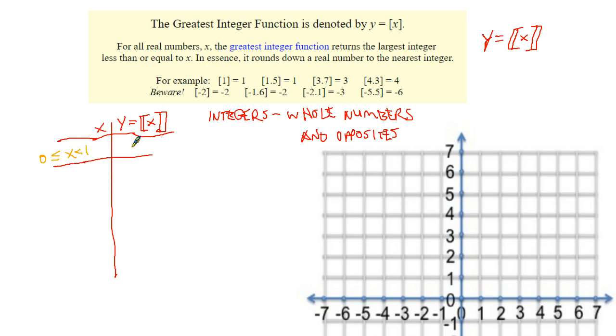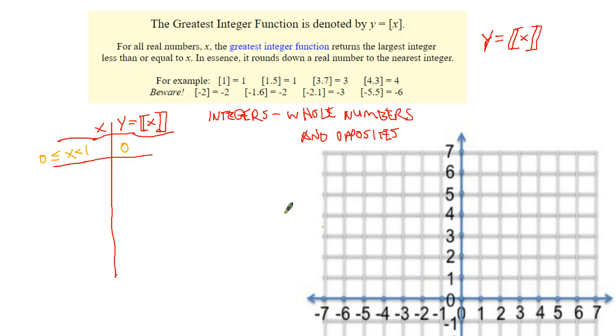Well, in that case, for all of these values between 0 and 1, y is going to be 0. In other words, the greatest integer function takes any numbers between 0 and 1 and shoots them down to 0.